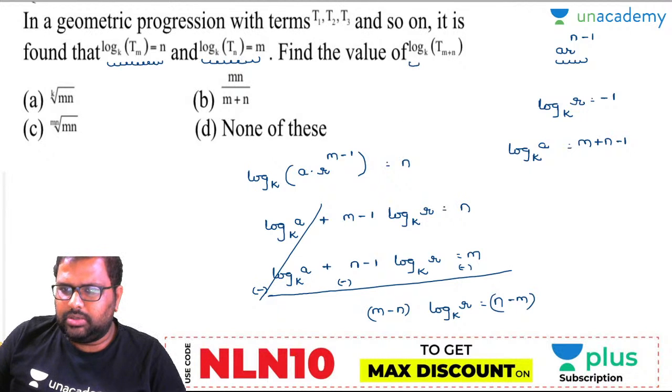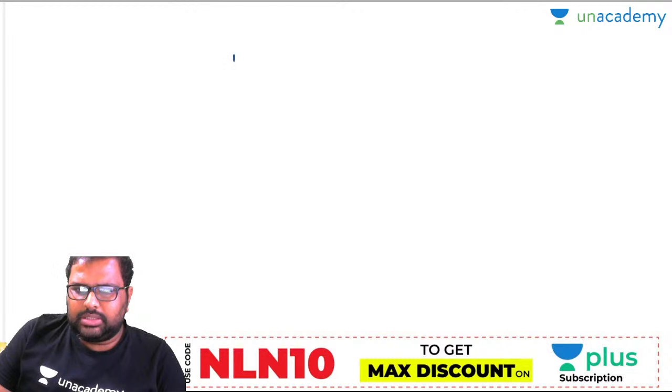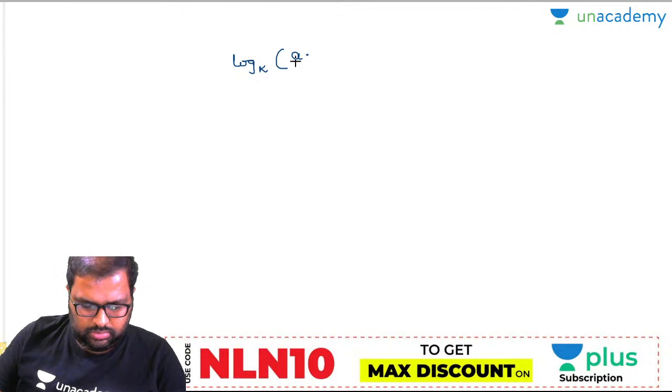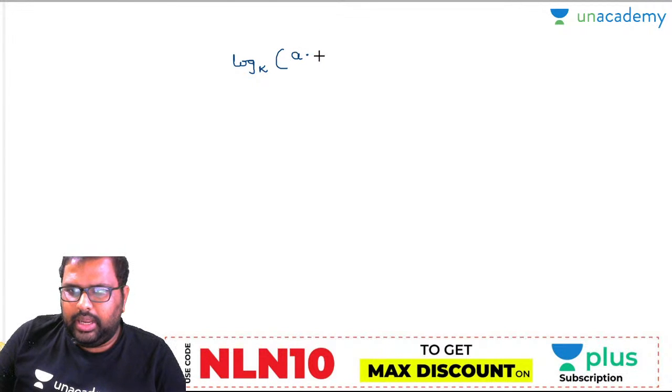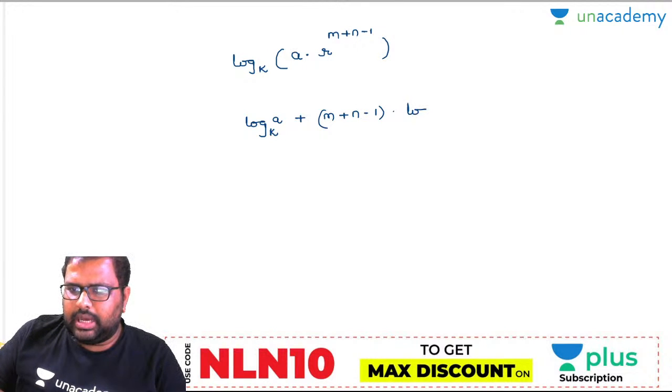And now you are asked to find log base k t to the power of m plus n. So can I write this log base k of a into r to the power of m plus n minus 1? This is the question asked. Am I right or wrong? Yes. I can write the same value as log base k a plus m plus n minus 1 into log base k r.